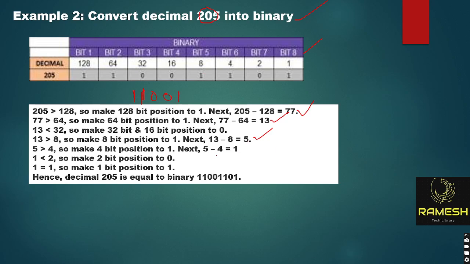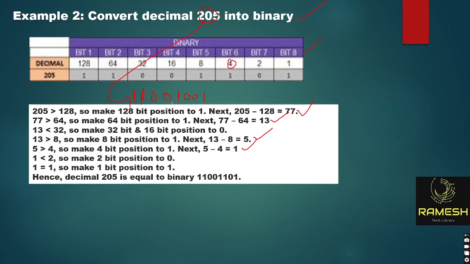Okay, now the sixth bit. What is the value? It is 4. We need only 1, right? It will be 0. And then the seventh bit will also be 0 and the eighth bit will be 1. So the binary value of 205 is this, 1100... 1101.